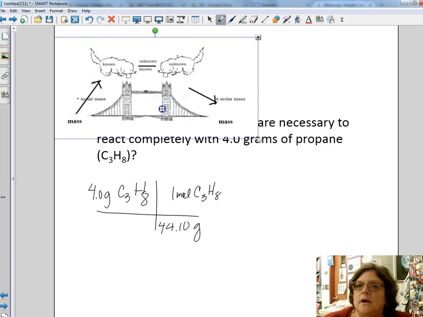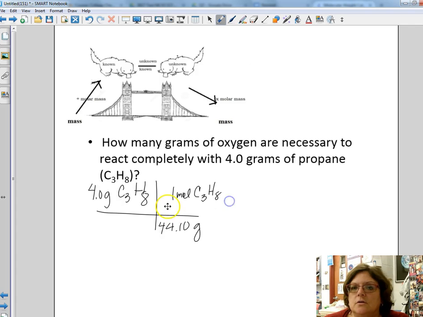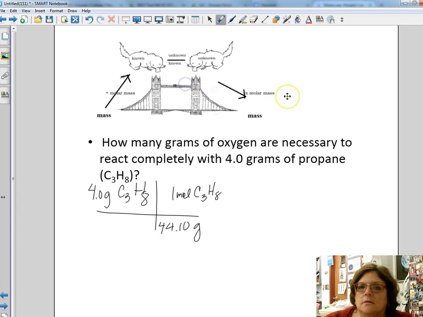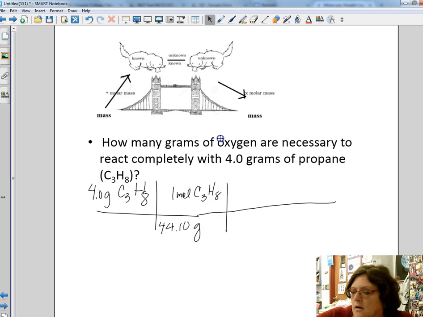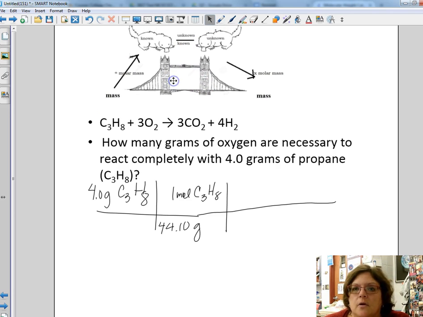Here's our little mole map, or our mole bridge. So we're up on our bridge. Now we multiply by the ratio. I covered up the equation, but we have 1 mole of propane used, and we need 3 oxygens with each 1 mole. So we're going to put 1 mole of propane down here, and 3 moles of oxygen up here.